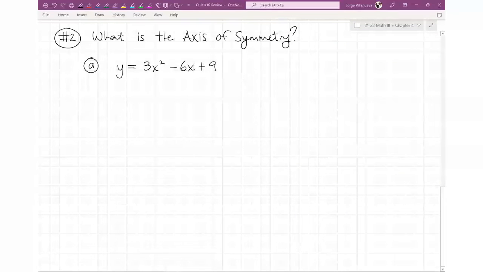Now, depending on whether it's standard form or vertex form, okay, and if you want, I'll put it right here. This is in standard form, okay? If it's in standard form, then you have an equation for the axis of symmetry.